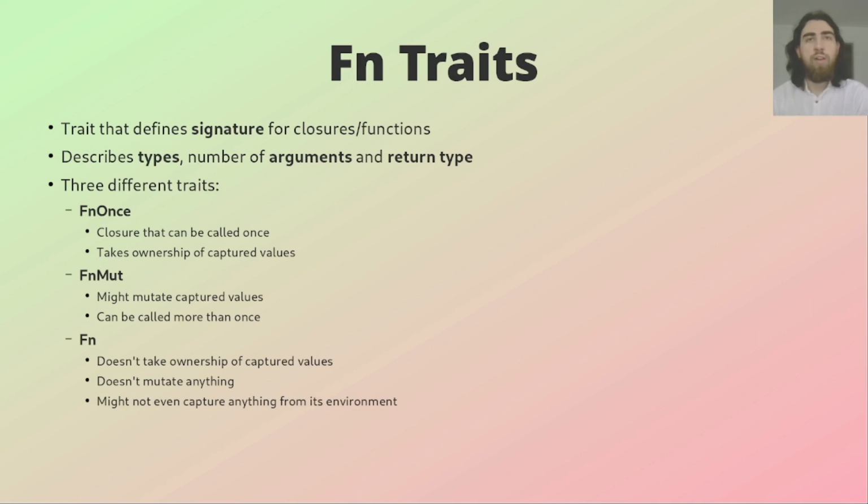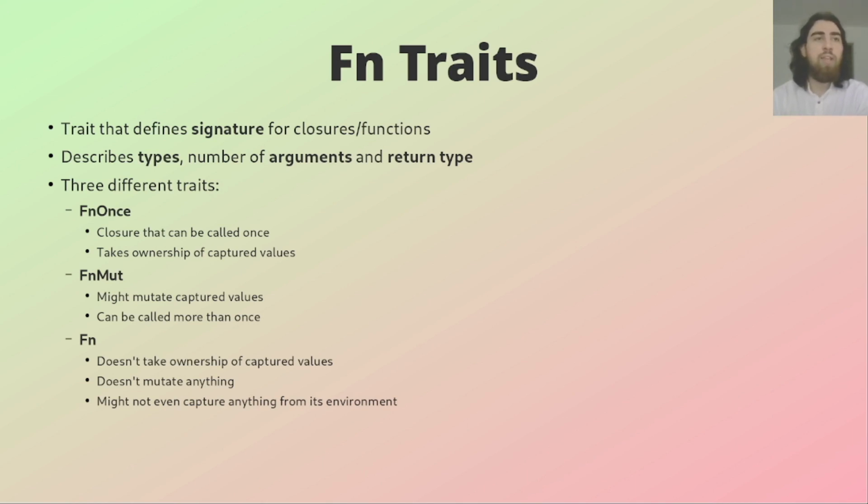So all functions and closures implement the Fn traits, and that is the trait that defines the signature for closures and functions. It describes the types, the number of arguments, and the return type. There are three different traits. FnOnce: the closure can be called only once because it takes ownership of the captured values.